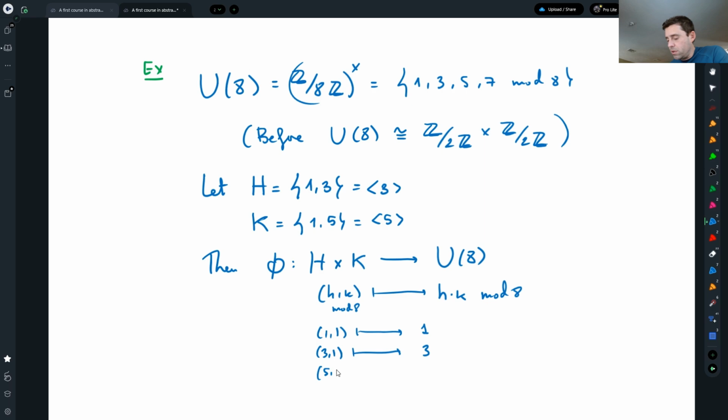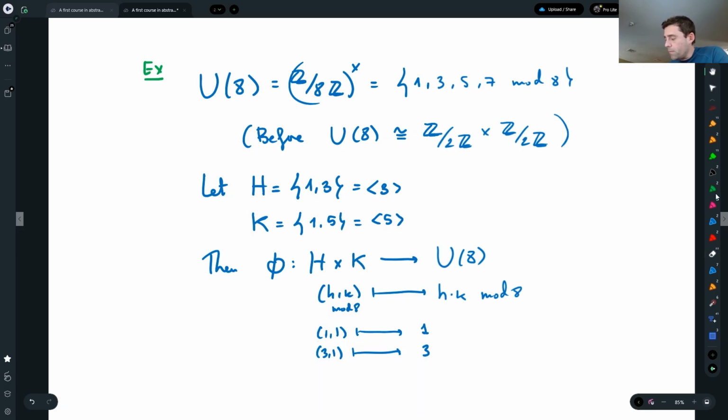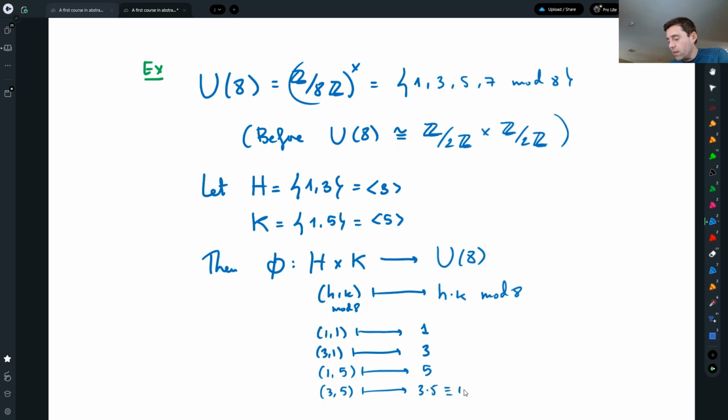Now another pair in here would be (1, 5), and that goes to 5. And the pair (3, 5) goes to 3 times 5, which is 15, and 15 is 7 modulo 8. So we do get a bijection.